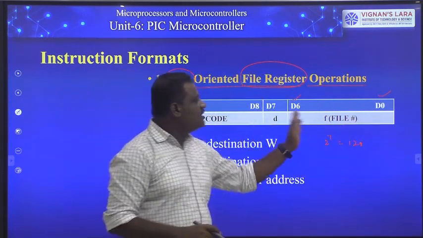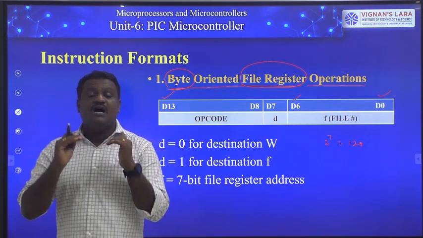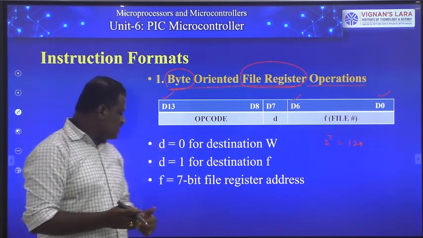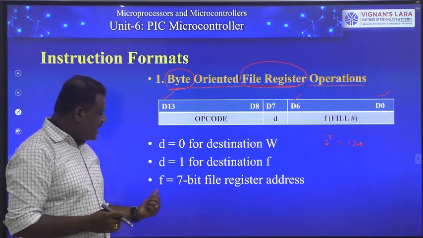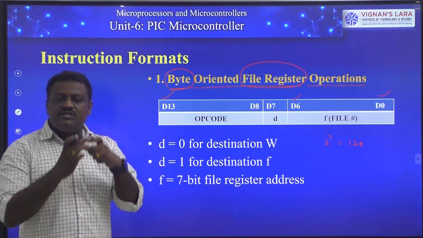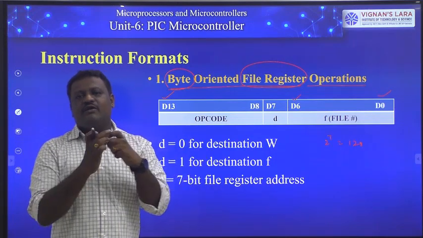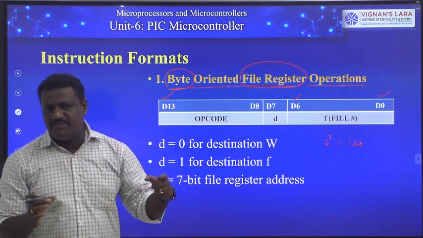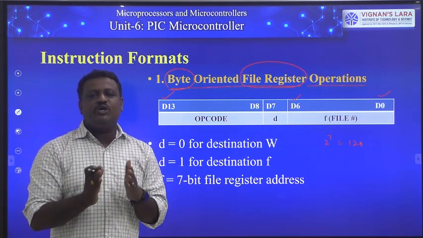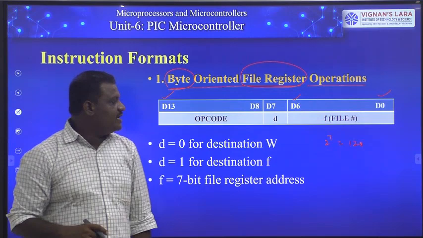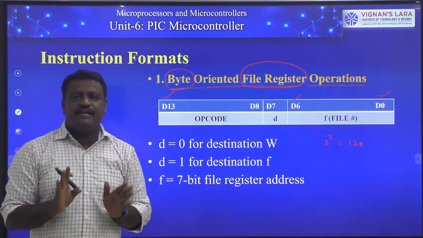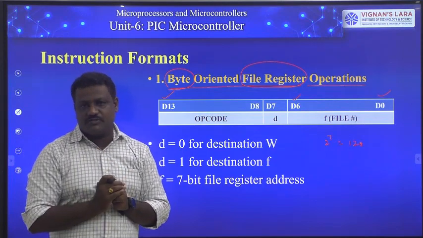That's why the least significant 7 bits are dedicated to the file register address F. To identify each and every byte of the 128-byte register bank, I need a 7-bit address.